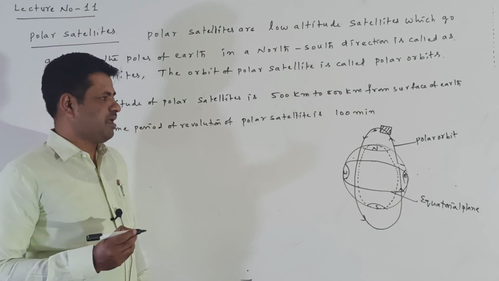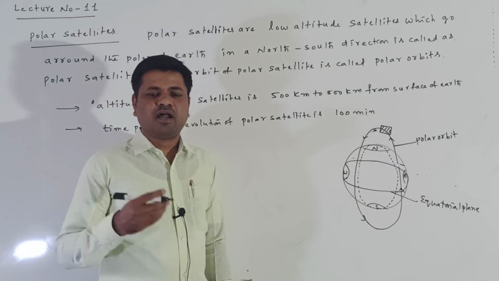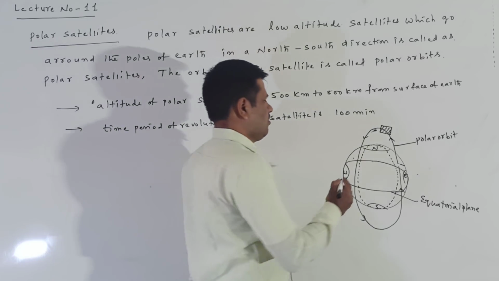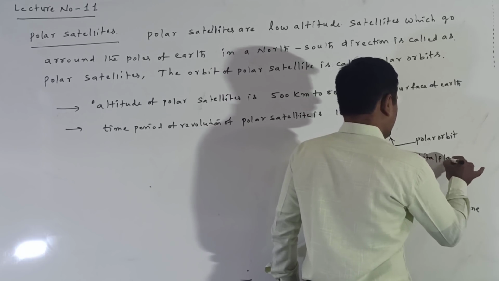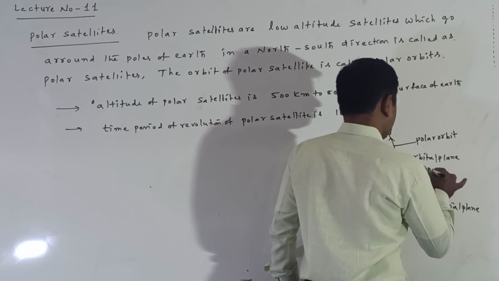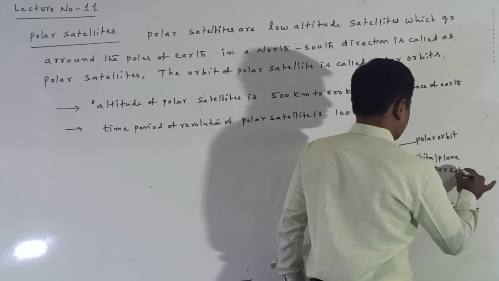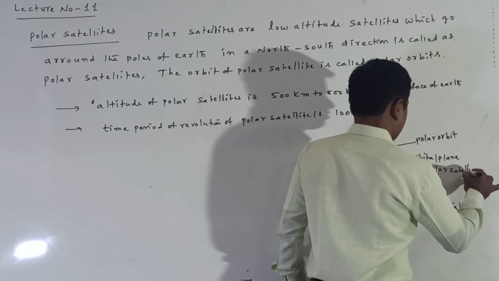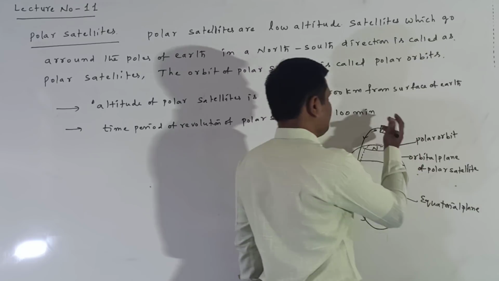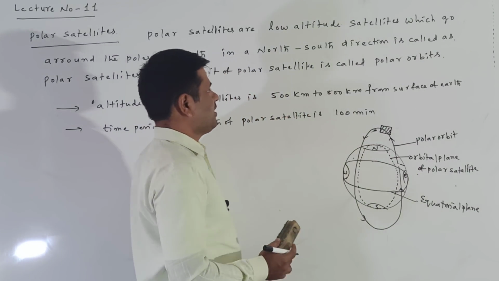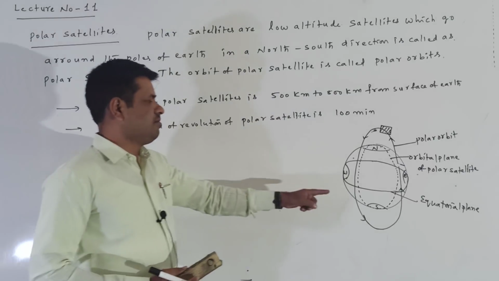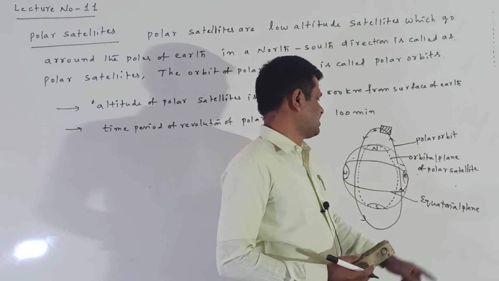When we consider this plane, that plane is called the orbital plane of the polar satellite. That is considered in the polar orbit.